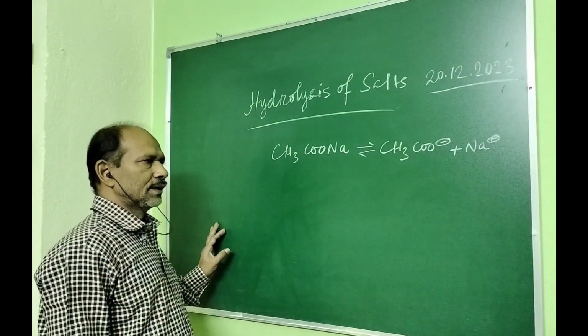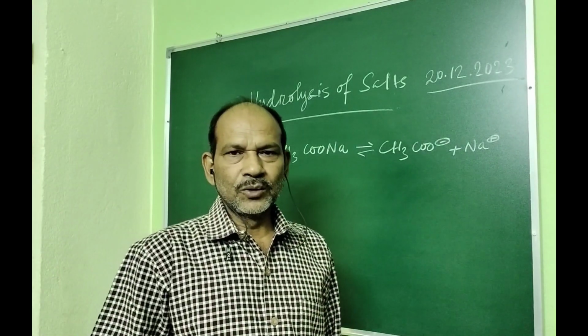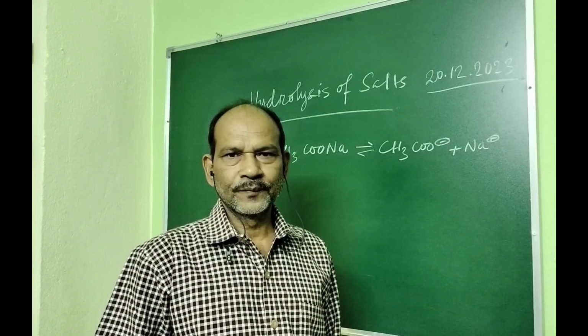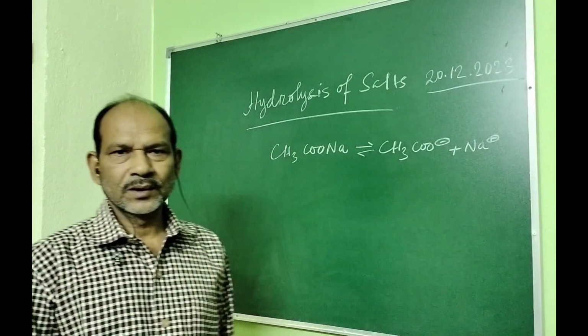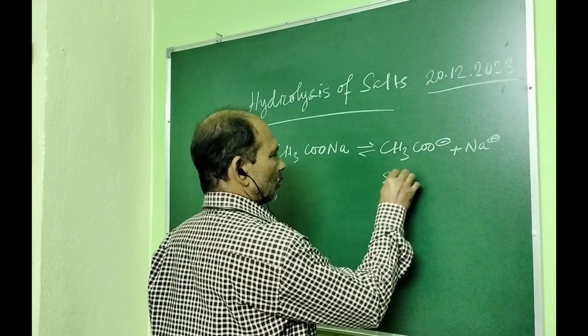As CH3COO minus is the conjugate base of a weak acid, hence it is strong. That means it is a strong base.